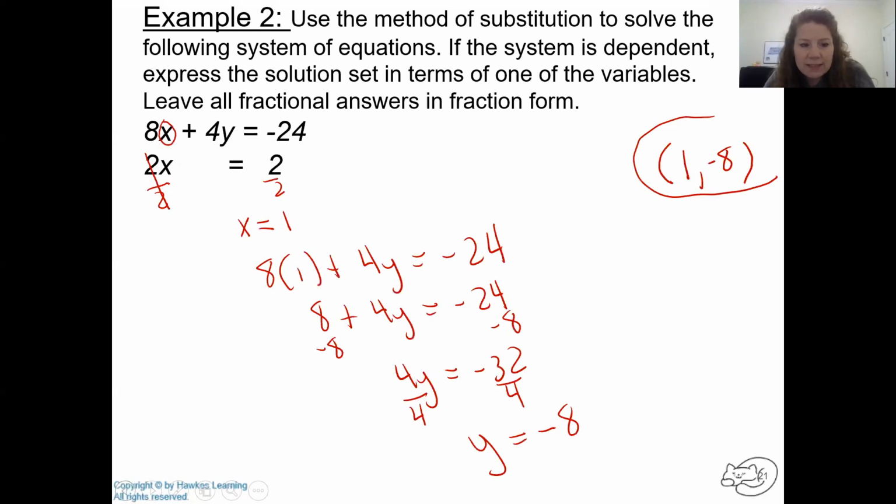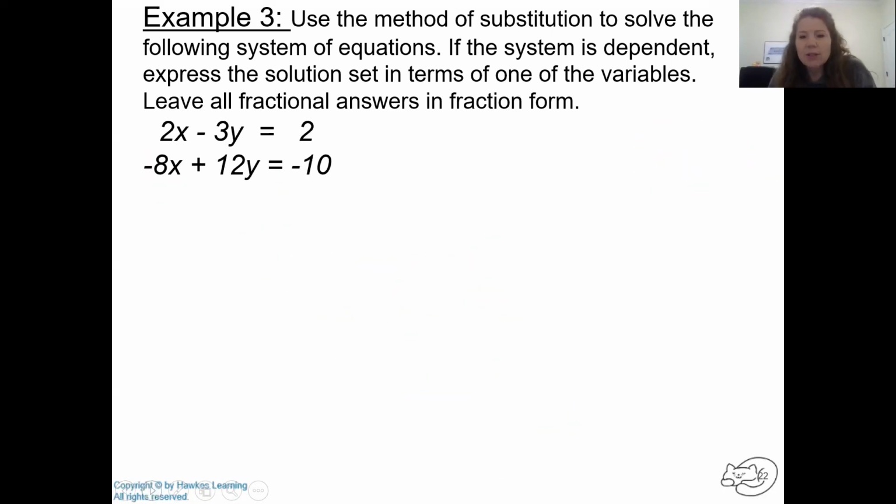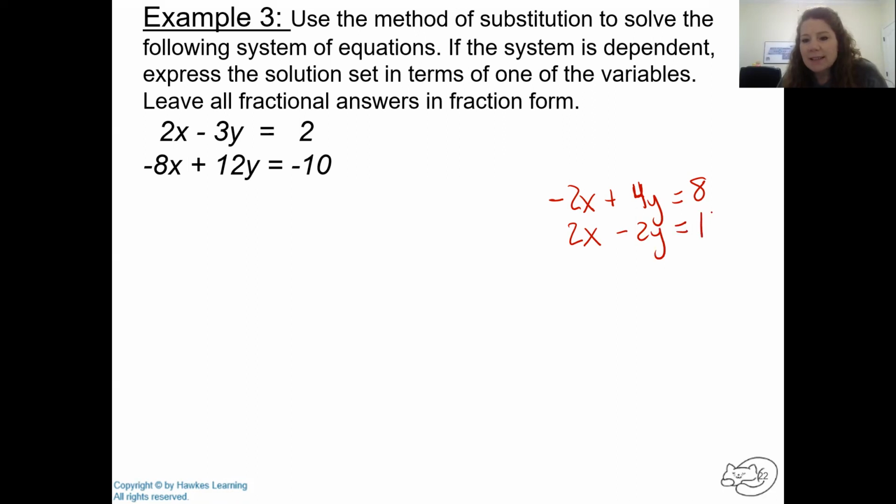All right, so you're going to write this on your paper. Let's say I had -2x plus 4y equals, I don't know, 8. And then I also had positive 2x minus 2y equals 10.